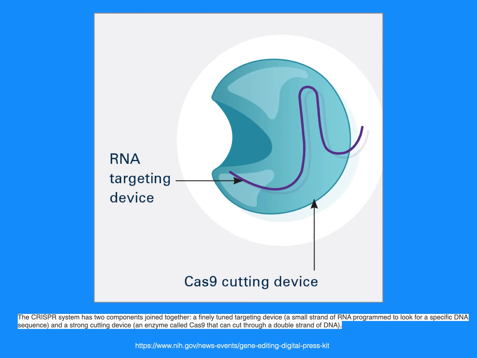The CRISPR system has two components joined together: a finely tuned targeting device, a small strand of RNA programmed to look for a specific DNA sequence, and a strong cutting device, an enzyme called Cas9 that can cut through a double strand of DNA.